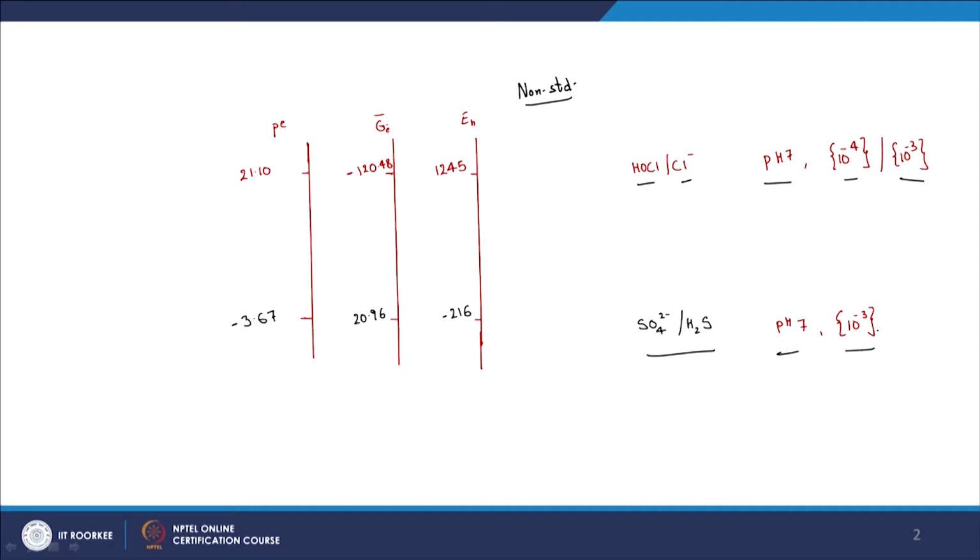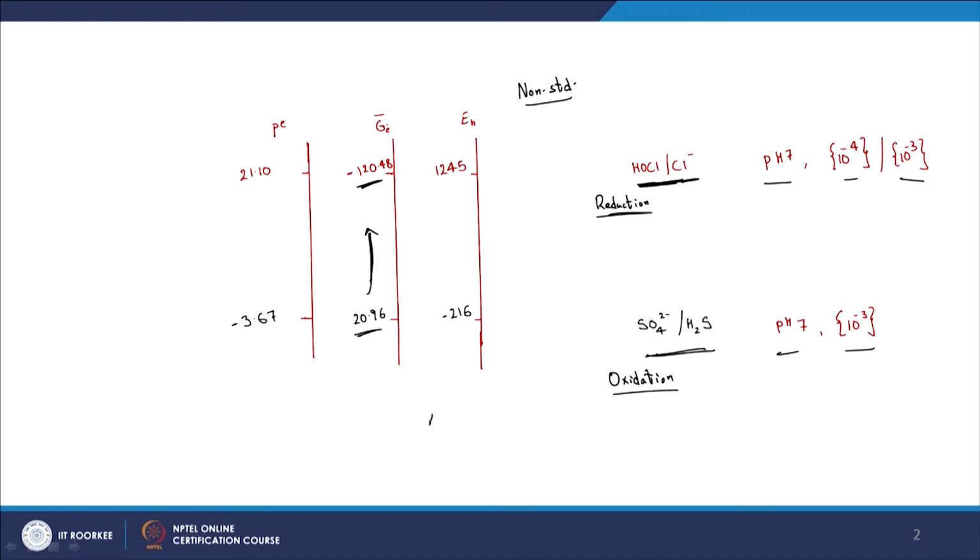We understood the system and saw that because the molar Gibbs energy of the electron in the couple SO4 2- and H2S is higher than the one in equilibrium with HOCl and Cl-, the electron would like to move from this couple to the other. This one will go through as reduction, because it is going to accept the electron, and this one is going to go through as oxidation because it is going to donate the electron. So there is going to be an energy release, and we can calculate that.